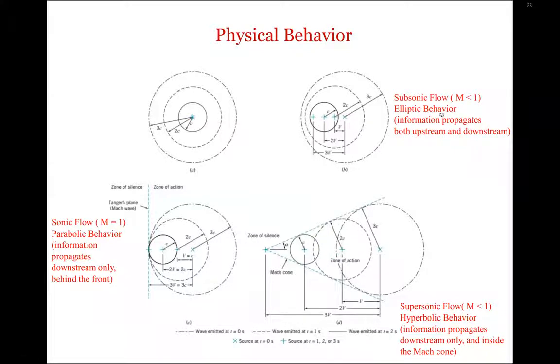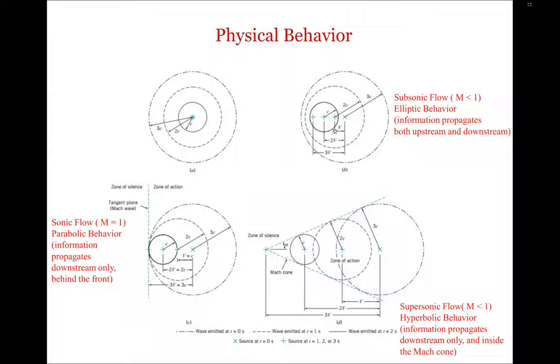For subsonic flow, in general, this is a reference point. This is at distance C, this is 2C, and this is 3C, showing the range of disturbance for Mach number less than 1. In the first case this is the region, and 2C and 3C must be towards the left.